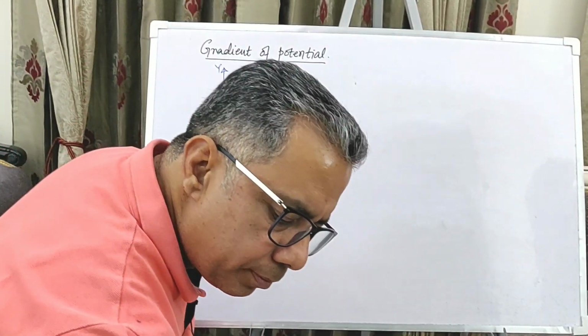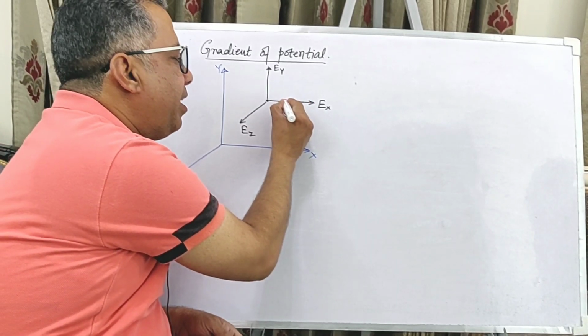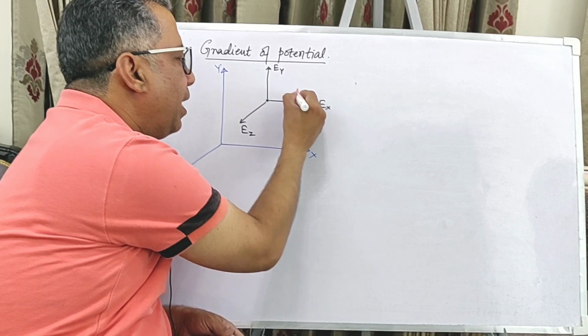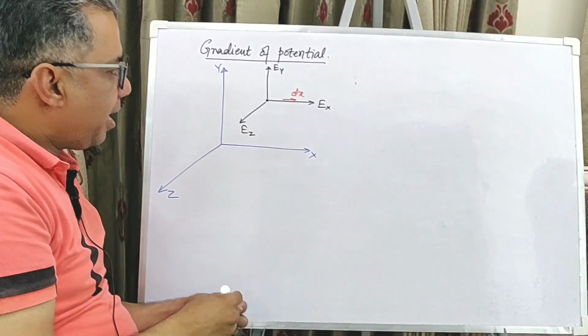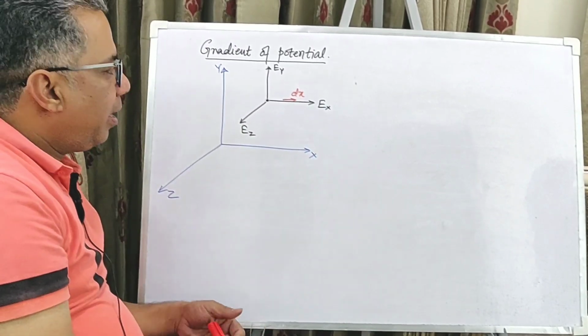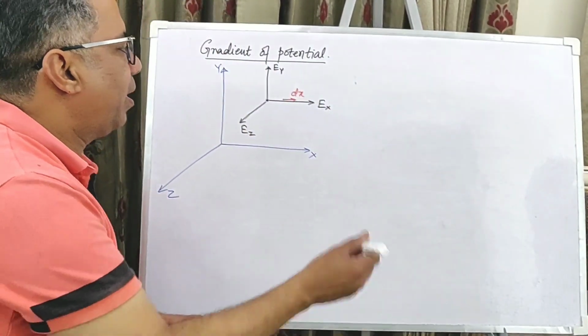Now, let's imagine that we move a tiny distance dx along the x-axis direction. We move a tiny distance dx along the x-axis direction.